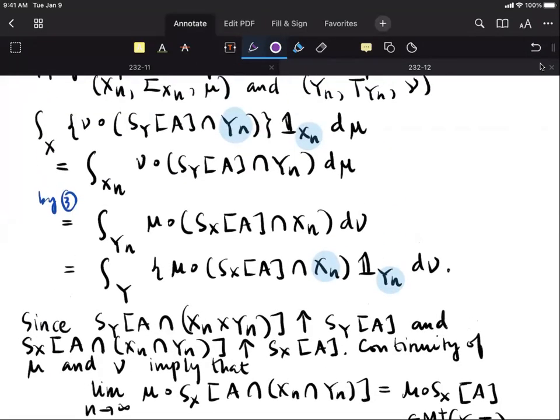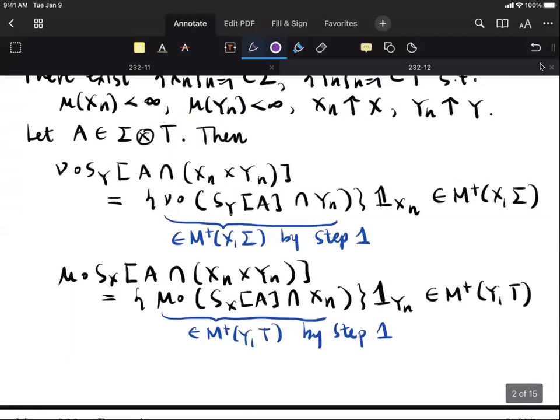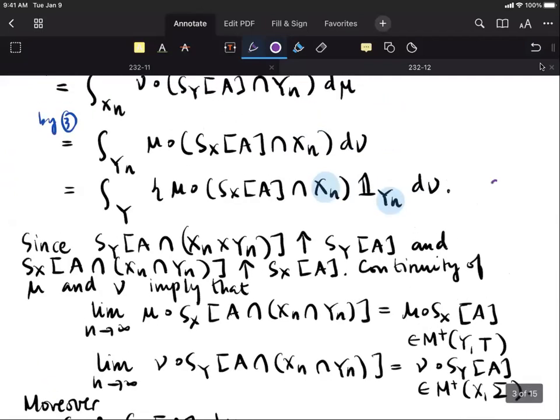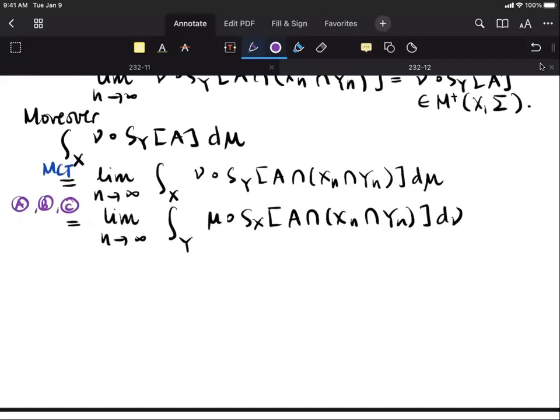Okay, so let us emphasize that one. Let's say this is the equation. Let's say this is A, this is B, and this is C. Here you apply A, B, and C. Applying the monotone convergence theorem once again, we now obtain this equation.